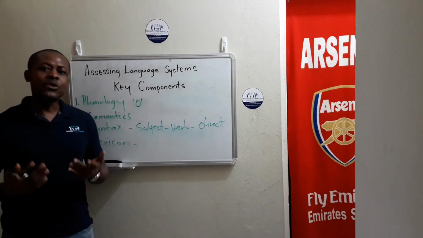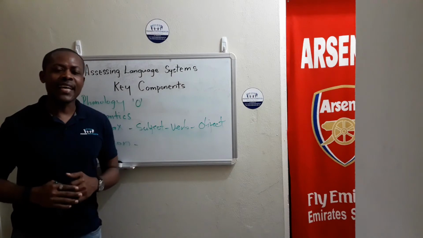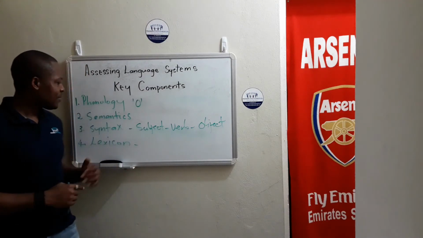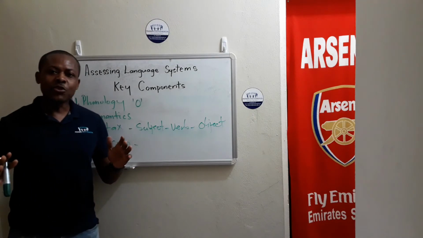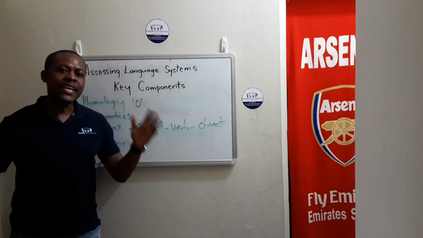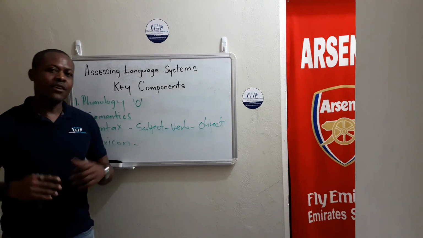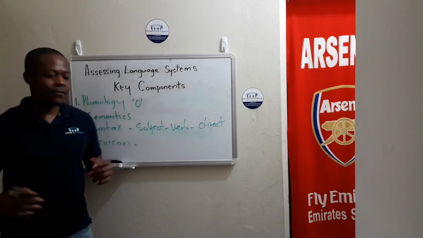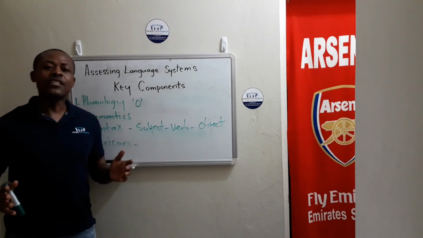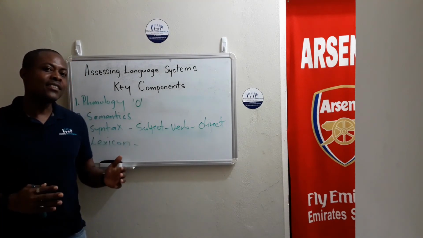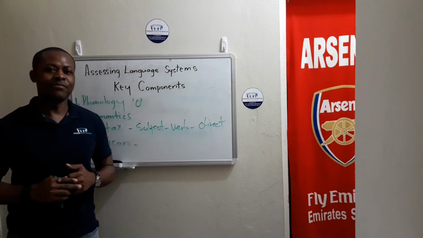Semantics speaks to the meanings we assign to the symbols in order to share messages. Syntax speaks to the structuring of our sentences. How do we use our subjects, predicates, or plurals, and so on. Lexicon speaks to the words we have available to use, and these are always being added.